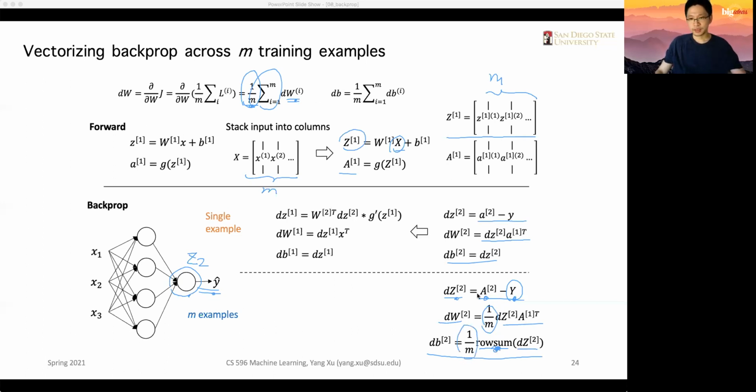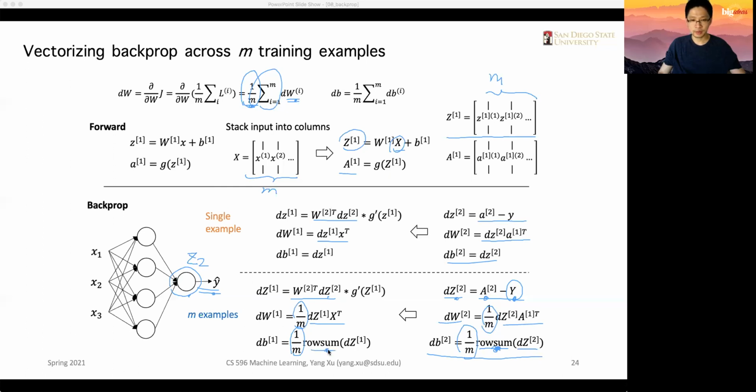So that's db2, and if we backprop this to the previous layer, this step is more or less the same as this one by replacing the lowercase z with dz, and this one is also the same as this one with an additional 1 over m, and this one is also 1 over m but with row sum, okay?